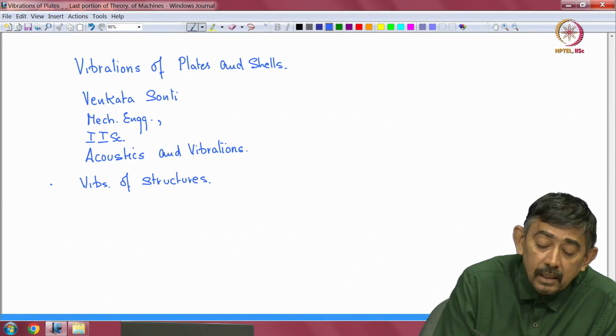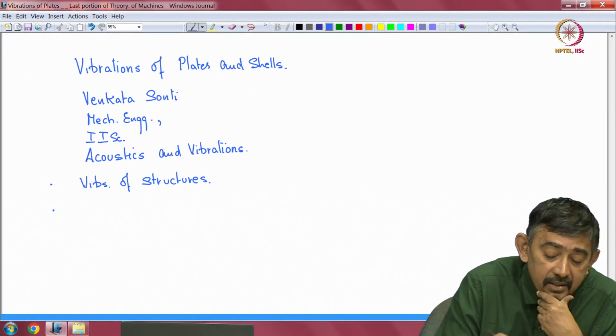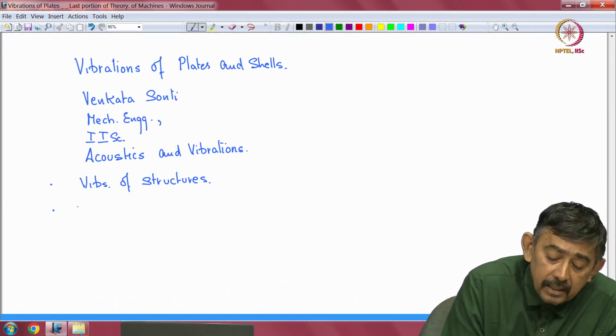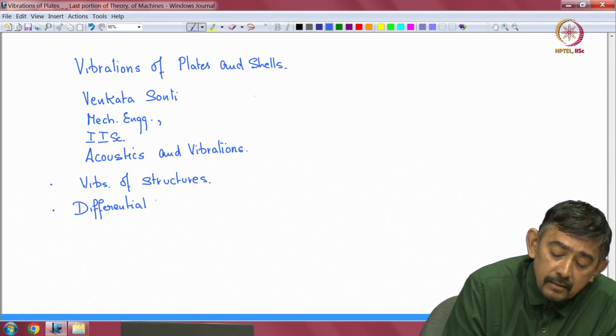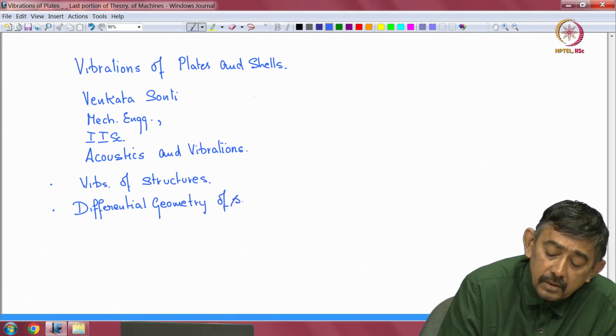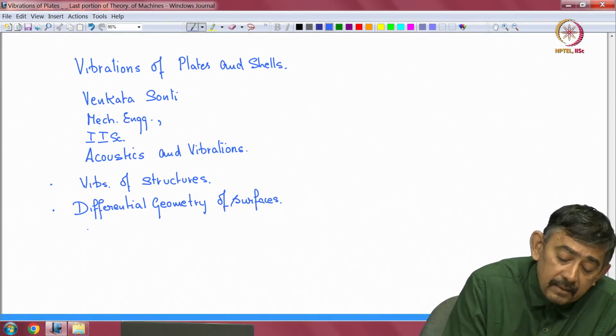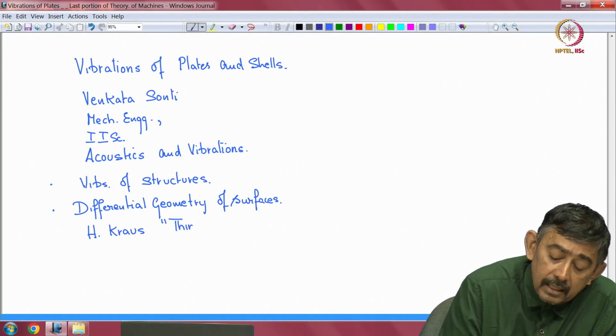However, regarding this course, how it is structured is first that we will look a little bit into differential geometry of surfaces, that is. For this part I will use the textbook by H. Krauss titled Thin Elastic Shells.